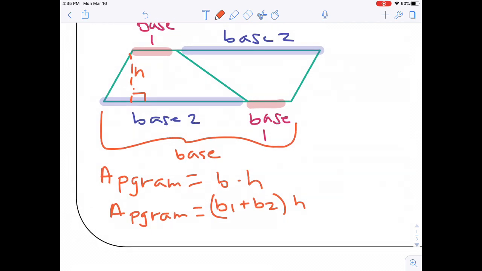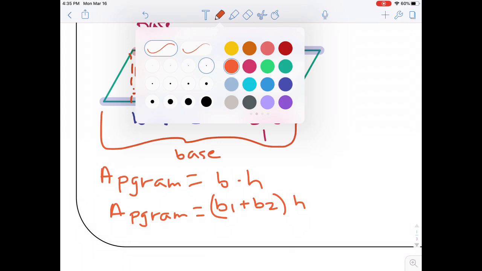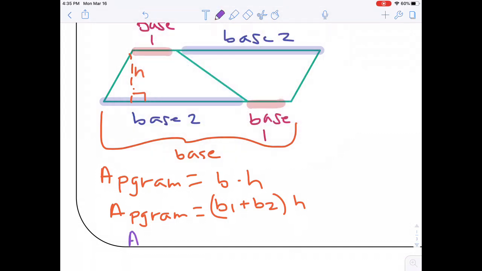and that would give me the area of my parallelogram. But I don't really want the area of a parallelogram. I want the area of a trapezoid. Well, if I know the area of the parallelogram, if I split it into two equal parts, then we get the area of the trapezoid.